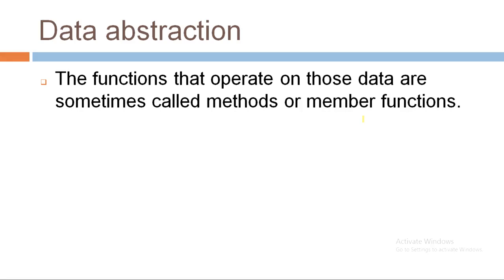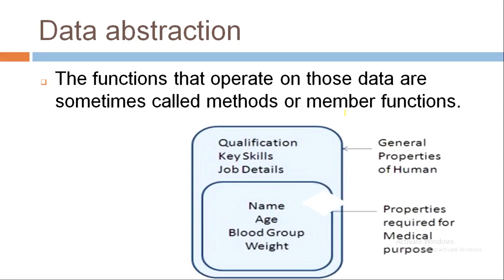That means in a class we have variables and functions both. Variables are known as data members and functions are known as member functions. Now let's see the abstraction here. In this class, so much information is kept. But whenever we want general attributes of the human, then we will see the qualification, key skills or job details of the person.